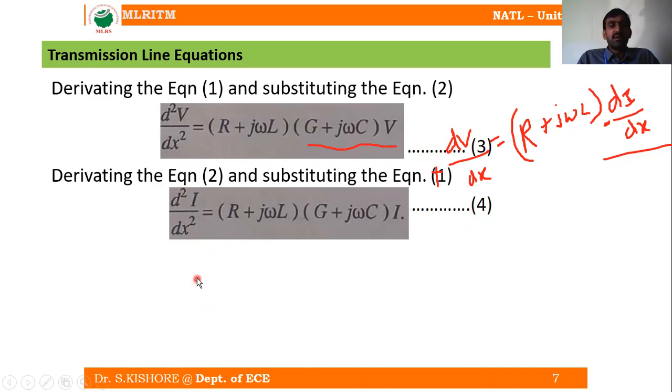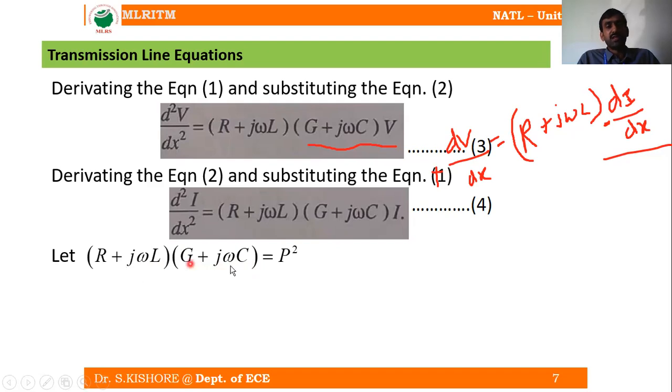Now let r plus j omega l into g plus j omega c be equal to p square. What is this p? P is nothing but the propagation constant. Why are we considering this P as the propagation constant? Because we will come across this expression again. R plus j omega l into g plus j omega c is the propagation constant, which is one of the secondary constants of the transmission line.